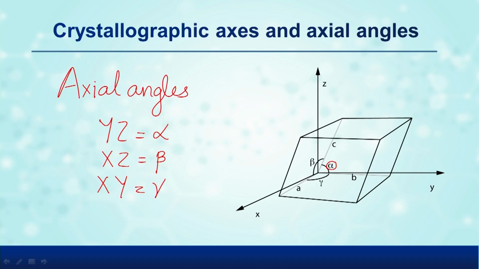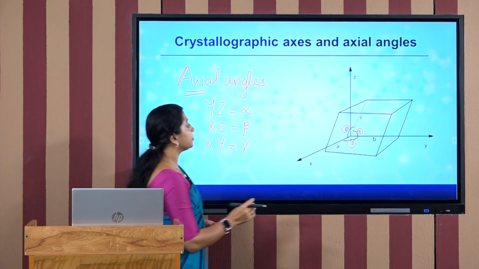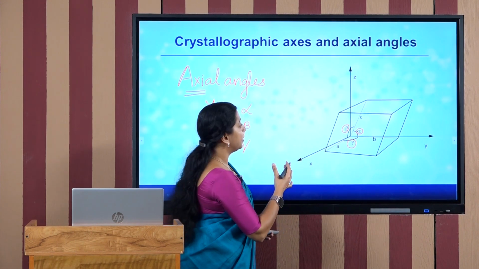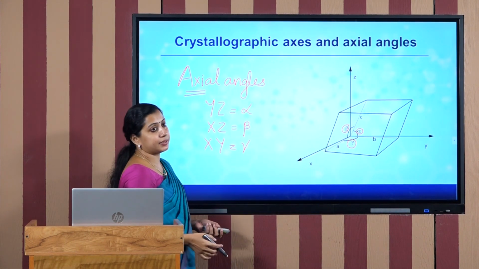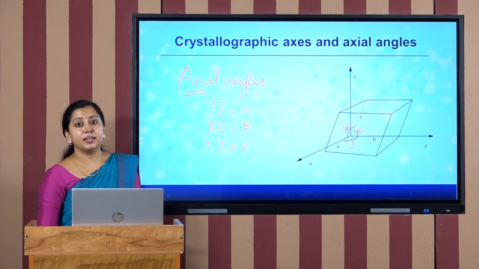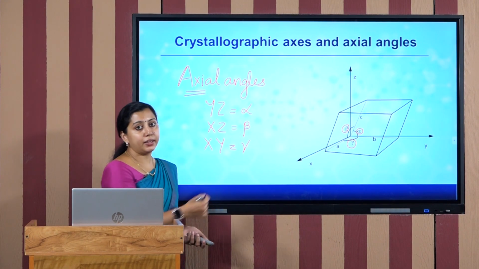So, these three angles, that is alpha, beta and gamma, are together known as the axial angles. So, we have seen what is meant by a crystallographic axis and how the crystallographic axis intercepts the plane, and the angle between these three axes are known as axial angles, generally represented as alpha, beta and gamma.